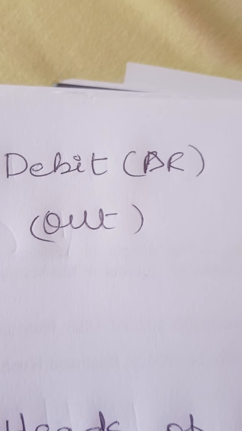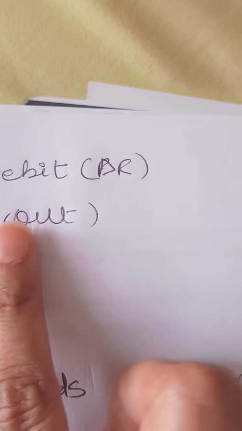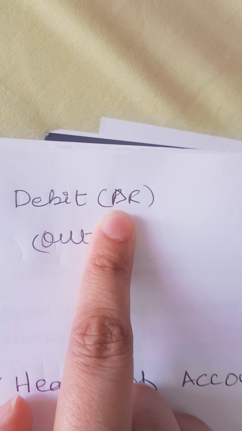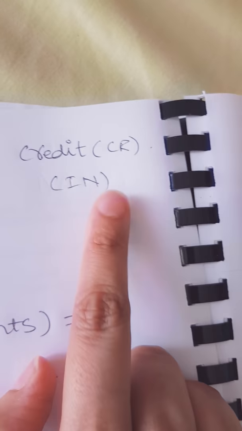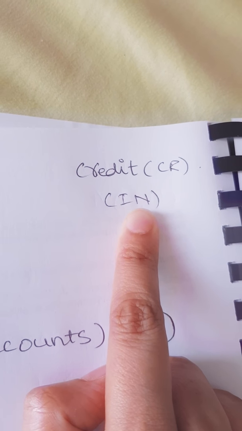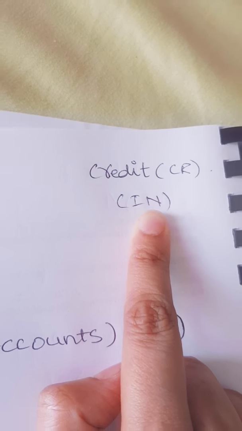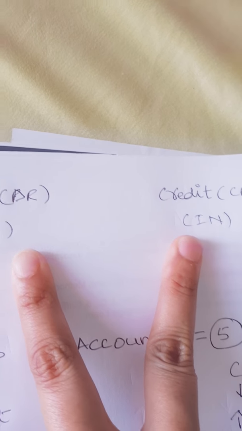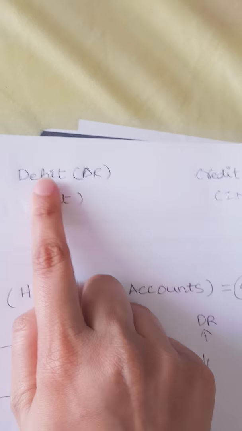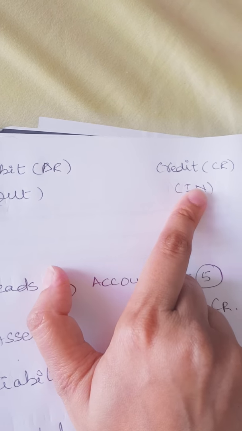In accounting terms, whatever goes out is always recorded on the debit side, and whatever comes in is always recorded on the credit side. So these are the two ways our heads of accounts are monitored and recorded, by debit and by credit.